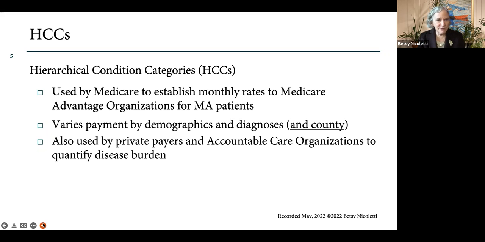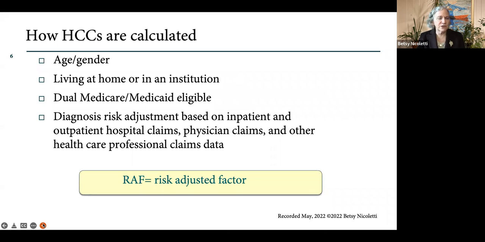It varies payments, so how much Medicare is going to pay to the Medicare Advantage organization, by demographics and diagnoses, and then further by county, by location. But we're in whatever county we're in, we can't do anything about that. It's also used by private payers and accountable care organizations to quantify disease burden of this population of patients.